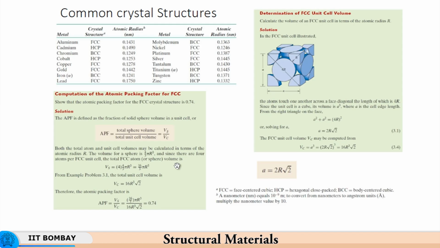Here you have a and a as the lengths of these two sides, and then the face diagonal is given by radius plus 2 times radius plus radius. So, the whole distance is 4 times radius: r plus 2r plus r makes it 4r. Given the Pythagoras theorem, you have a squared plus a squared equal to (4r) squared, and therefore a is related to the atomic radius as 2r root 2.